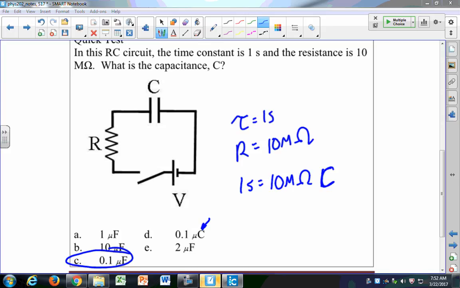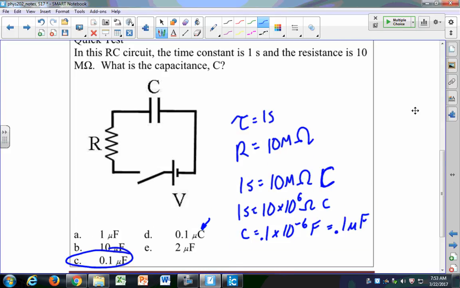And we find you can change this to SI units, 10 times 10 to the 6 ohms if you like. And then you find that C is equal to 0.1 times 10 to the minus 6 farads, which is 0.1 microfarads. 0.1 is 1 over 10.